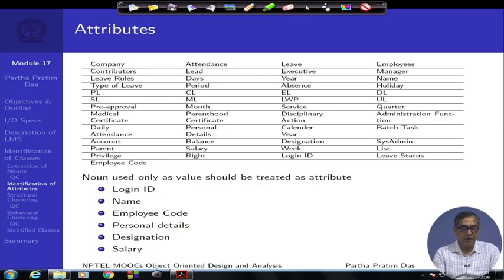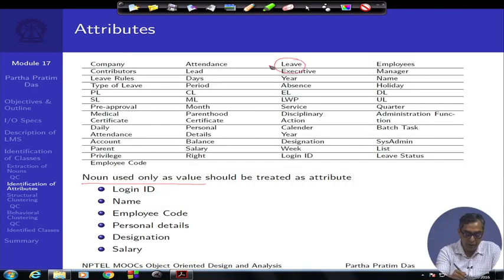The characteristic of an attribute is that it should typically be a noun which is used only as a value. That is, an attribute does not have a behavior, an attribute does not have other attributes or operations and so on. But it is something concrete. So, you will expect it to appear as a noun, but not have anything other than a value.